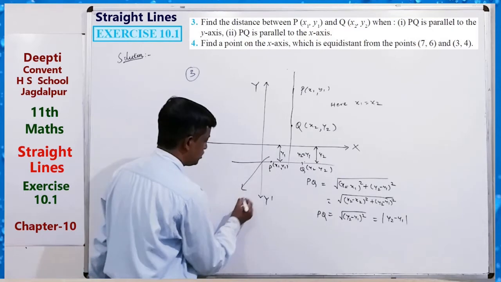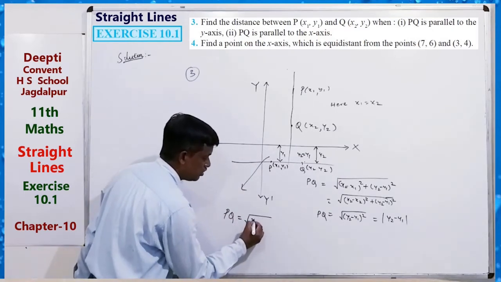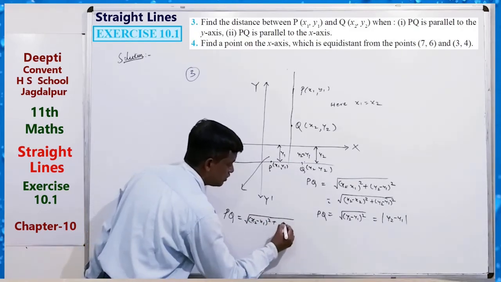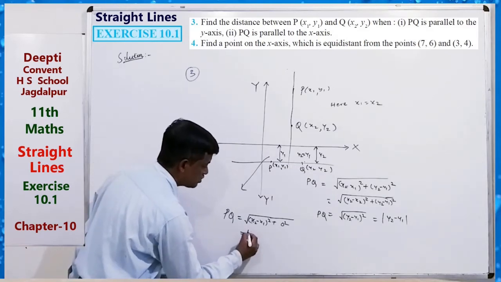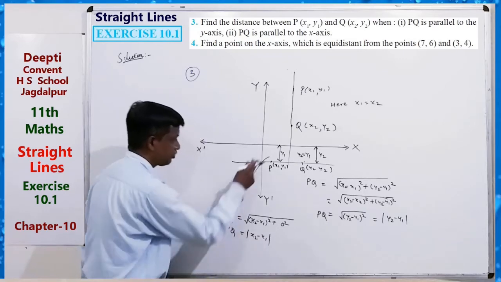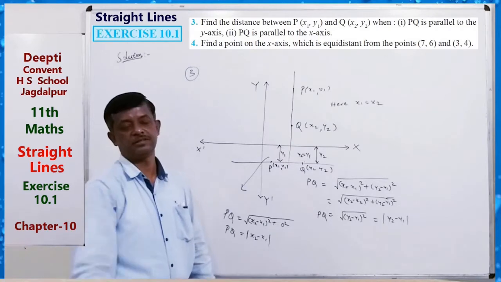So in this case, PQ equals root over (x2 minus x1) square plus 0 square, since (y2 minus y1) is 0. So PQ is the modulus of x2 minus x1 when PQ is parallel to the x-axis.